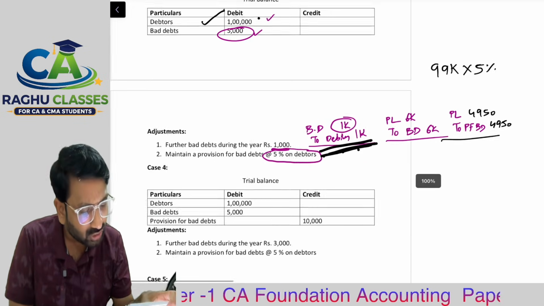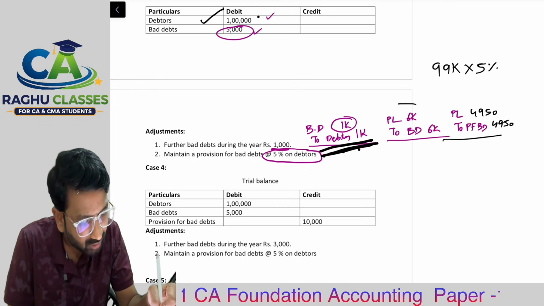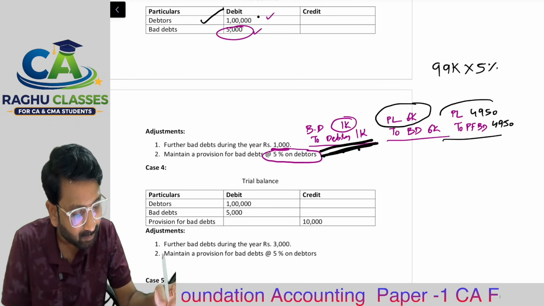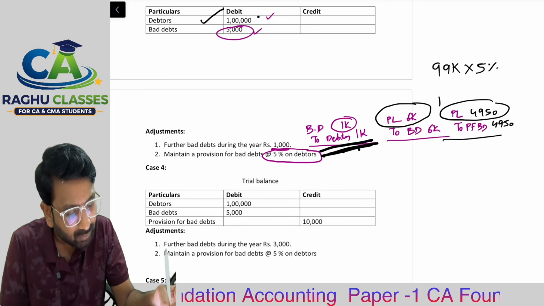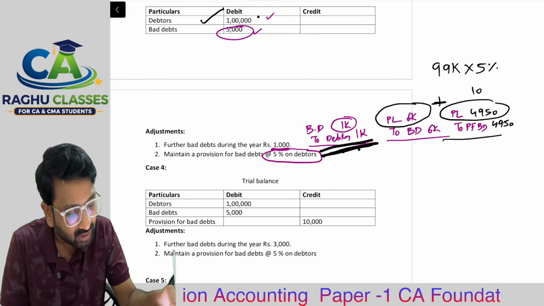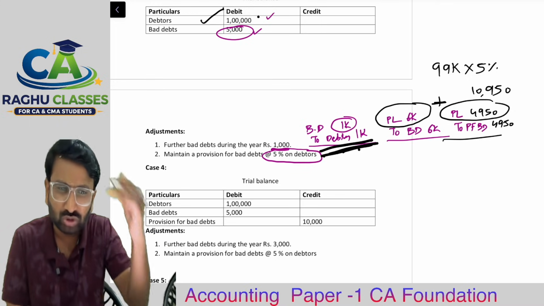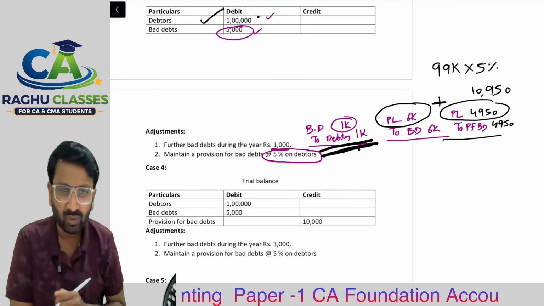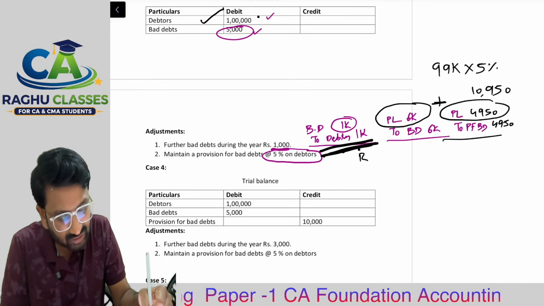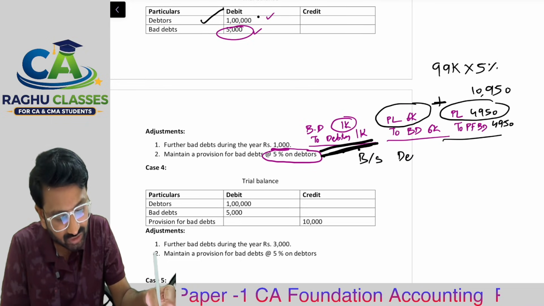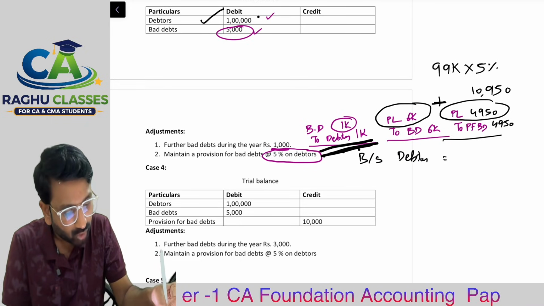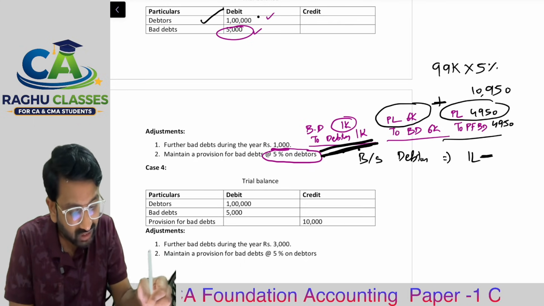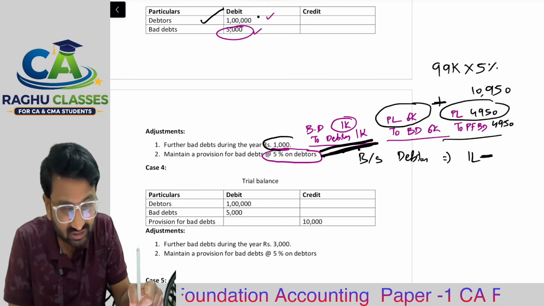Now, if you see the total impact, in the P&L account 6,000 bad debt is there and 4,950 provision is there. So totally P&L account will be debited with 10,950. We show separately bad debt 6,000, provision 4,950. This is in P&L. Coming to balance sheet. In balance sheet, your debtors will be, you have 1 lakh already. From this 1 lakh, you should only minus whatever is given outside the TB.